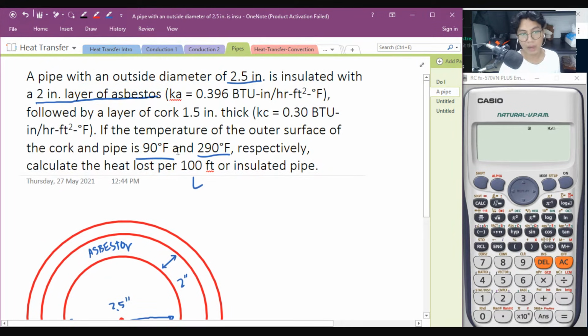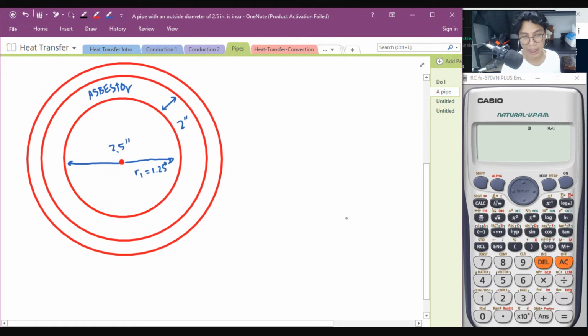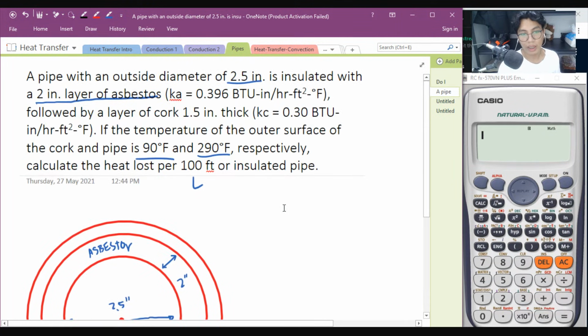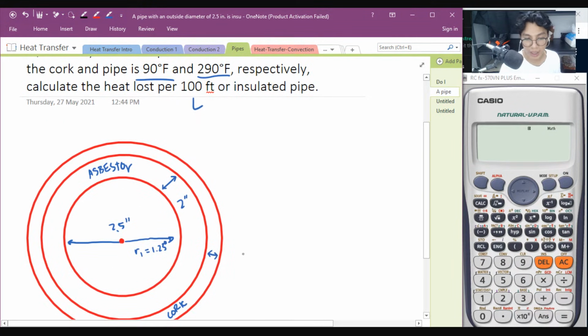And then, it is followed by a layer na naman. May layer ka na naman daw dyan ng cork. That is cork. Ang layer niya is 1.5 inch thick. Very basic.